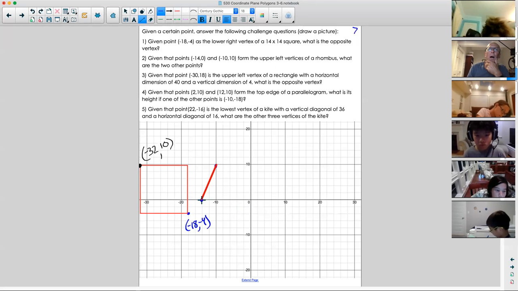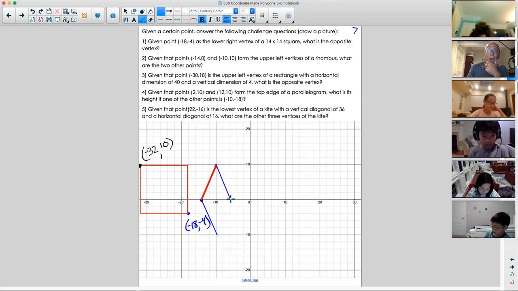Can anybody tell me another vertex that they went to first? Where would you go from -14, 0? Can anybody say it? Go ahead, Adalia. -10, 10, -10. Guys, do you see it? Nice job. Because isn't this, guys, the other vertex?